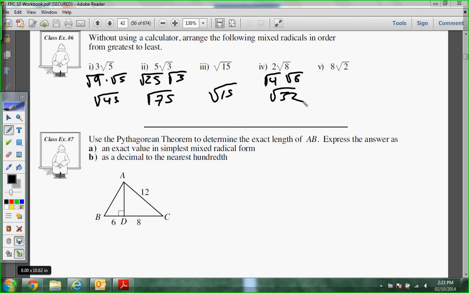And then we got a really big one here. 64 times 2 is 128. Okay, so here we go. This is my biggest, my second biggest, third, fourth, fifth. We use entire radicals to help us because I made them all the same radical type.